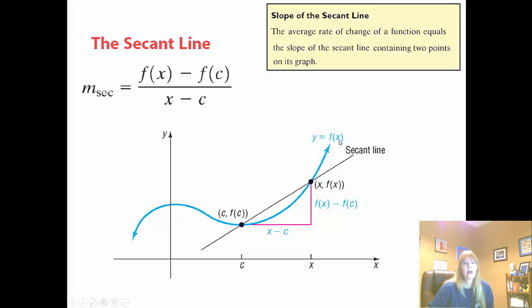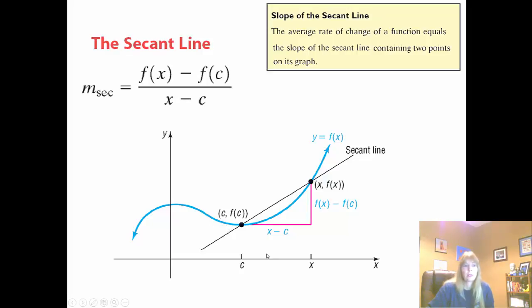If I want to find the slope of a secant line, what's a secant line? If I have a function, that's this blue, and I connect two dots anywhere, any two points on this function, and I draw a line, that's a secant line. So a secant line could be anywhere.